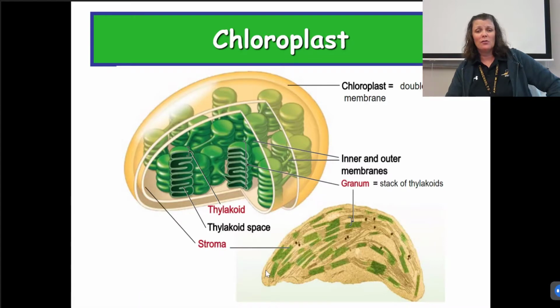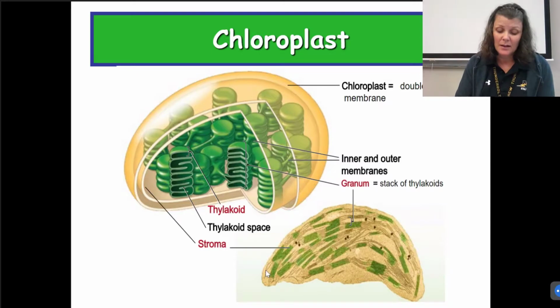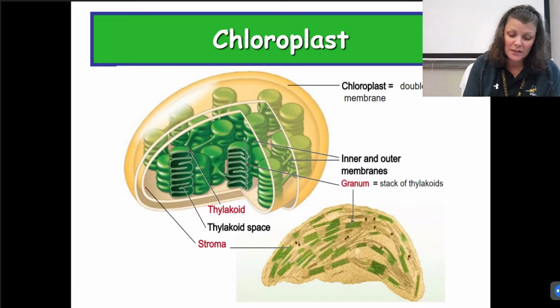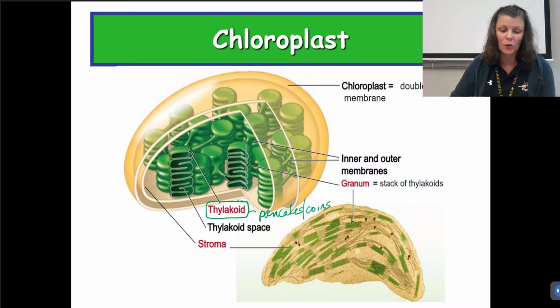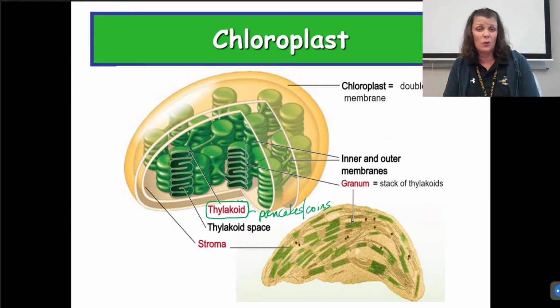What I do need for you to be able to name on a chloroplast is that each of these, they look like little pancakes. The pancakes are called thylakoids. So either pancakes, or if you want to say coins, individual coins, they're the thylakoids.